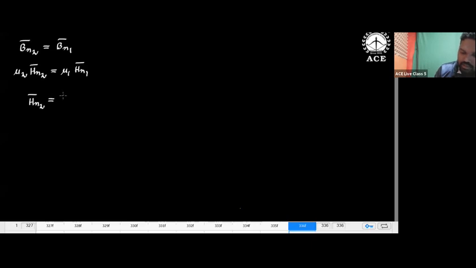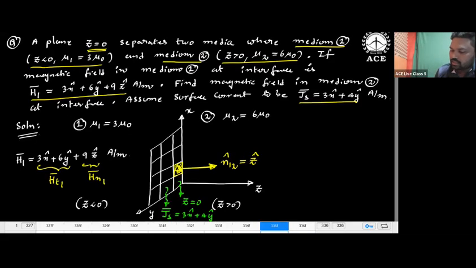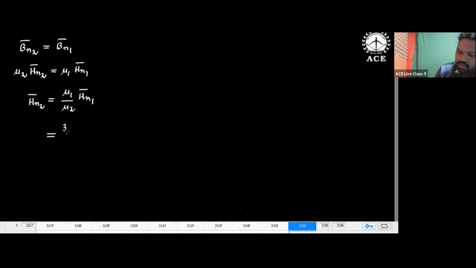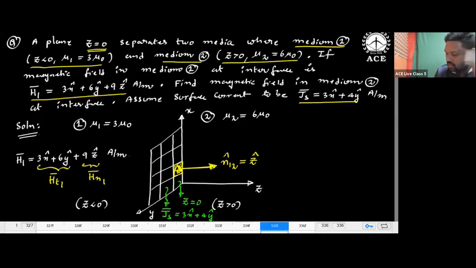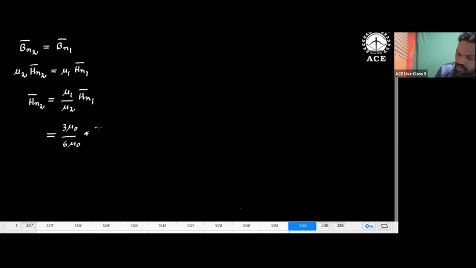Hn2 is equal to mu1 by mu2 into Hn1. What is this mu1, beta? 3 mu naught. 3 mu naught by 6 mu naught into Hn1. What is Hn1? It is 9z cap. So here Hn2 is equal to 3z cap.